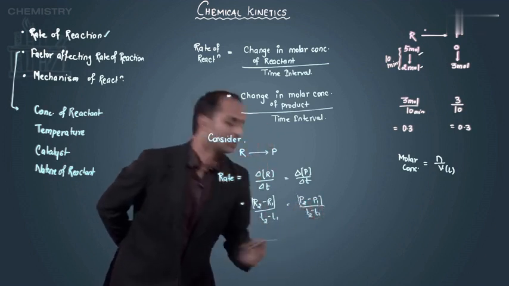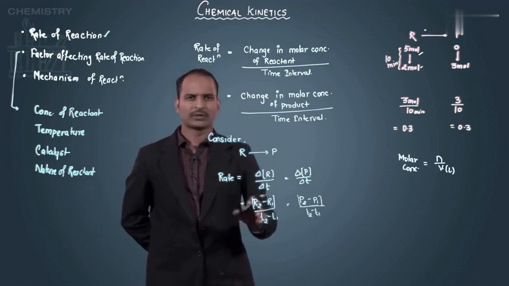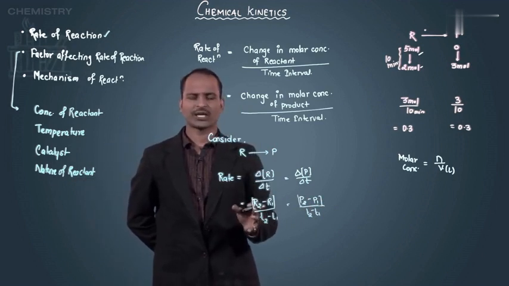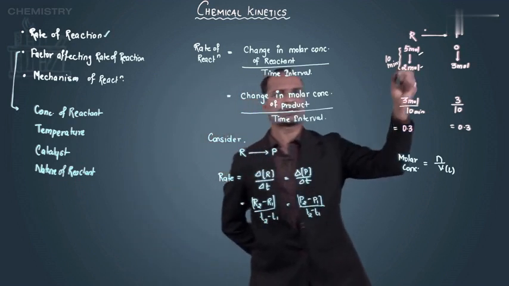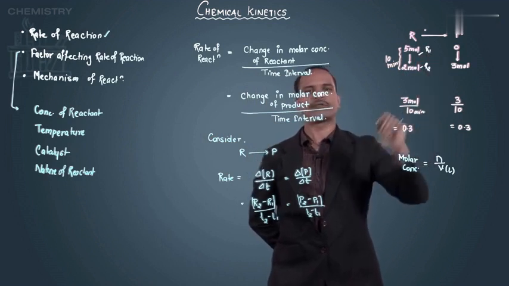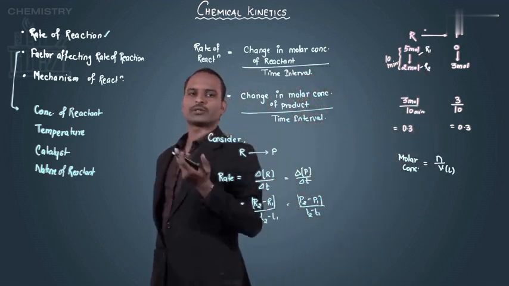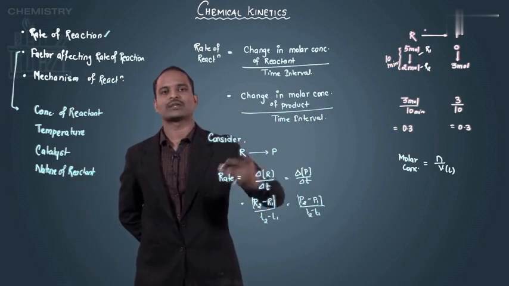Now let's see what answer I will get. Here R2 minus R1 is the change in concentration of reactant. What do you think, which is bigger, R1 or R2? Let's see the example. This is R1, the initial amount, this is R2. Which is bigger? R1 is bigger, because with time the reactant concentration goes on decreasing. So in the initial case the amount is going to be more.